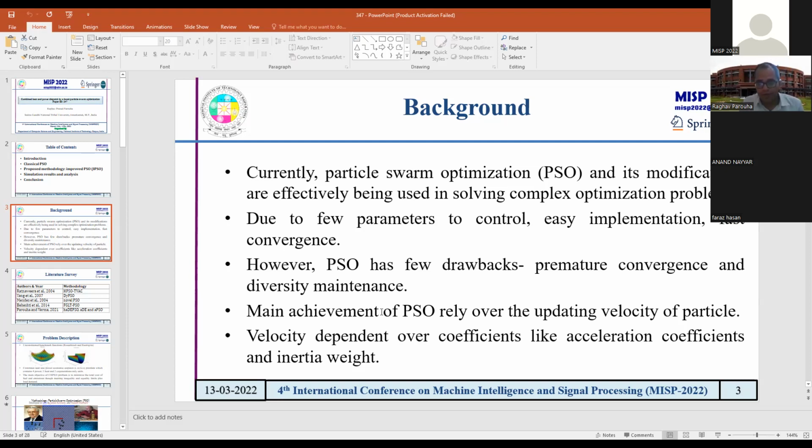So if we want to achieve a new improvement of PSO, we go for some parameter or step updation, like the velocity and position update. The velocity is totally dependent on parameters like the acceleration coefficient and inertia weight. If we are able to modify these parameters and some terms, then definitely we get better results in comparison to others.